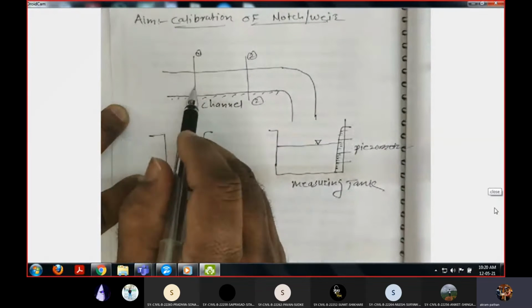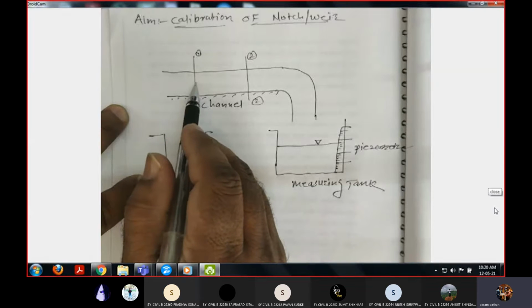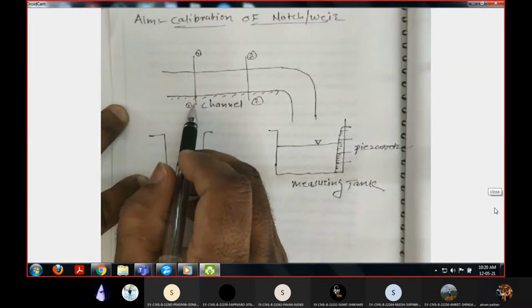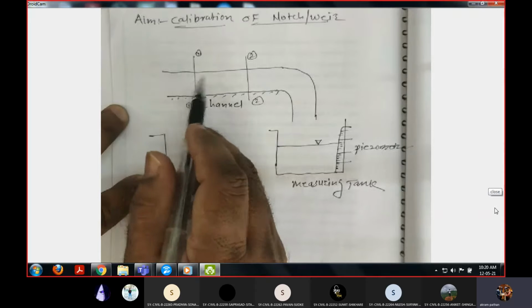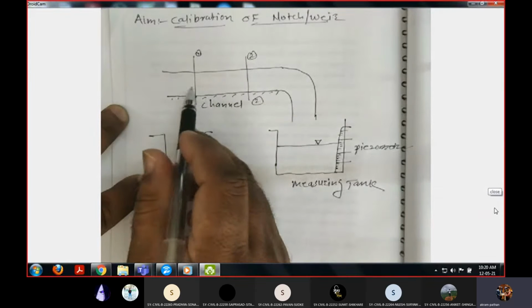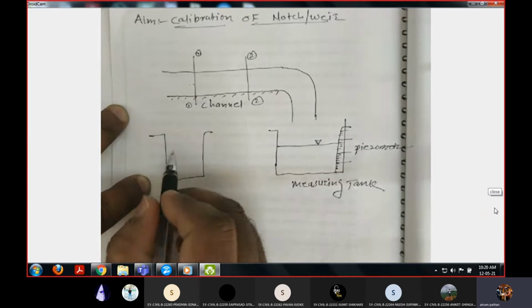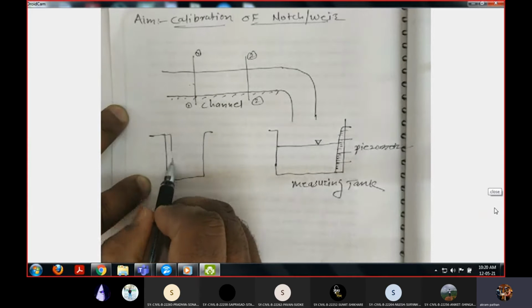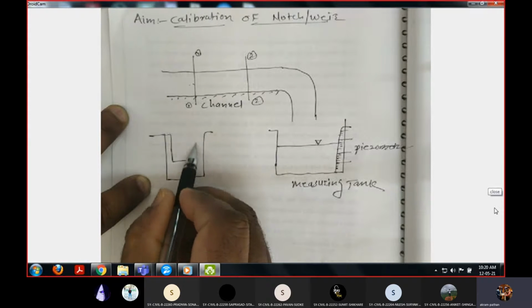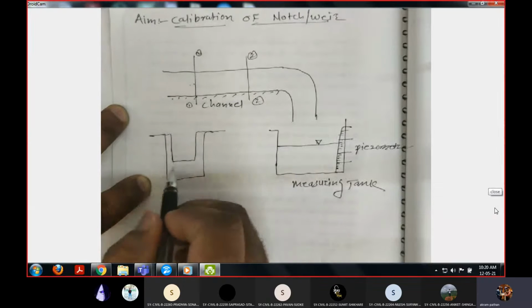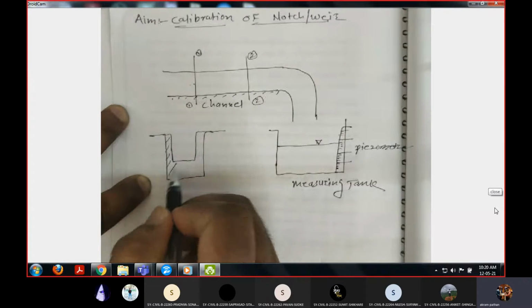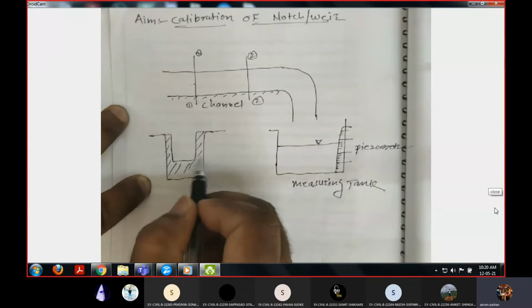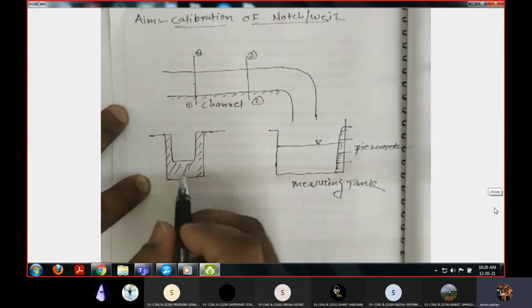For example, first if you want to measure the discharge at section 1-1, you have to construct a notch or weir across the flow at this section. So I am going to construct the rectangular notch or weir.